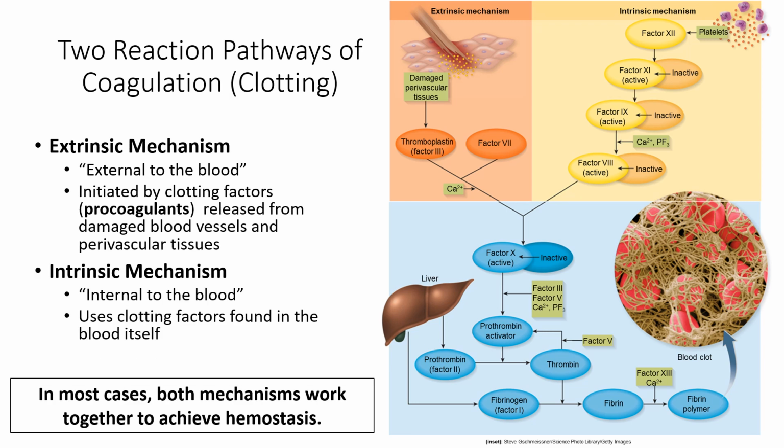In most cases, both of these mechanisms are working together to achieve hemostasis. If you look here, and I think we'll see this on the next slide, we have two different mechanisms that initiate coagulation.